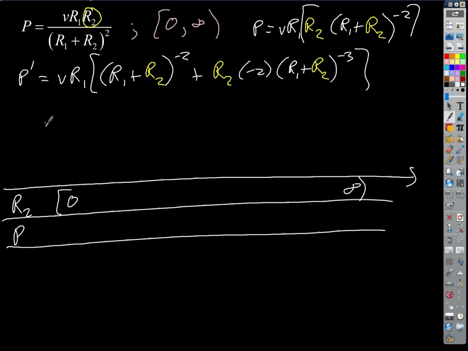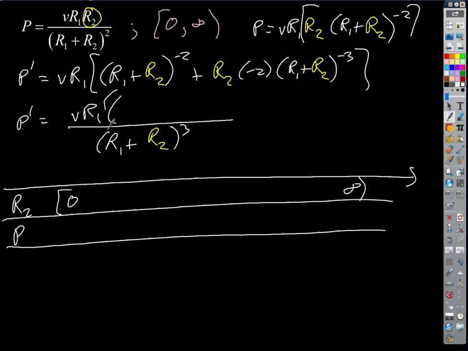So I'm going to get P prime equals V R1 times R1 plus R2 to the negative 3. Well, let's go ahead and just write this as a fraction from the beginning. That just goes on the bottom, doesn't it? Yeah. So we get R1 plus R2 cubed. And on the top then, what are we getting in here? We're getting one of those, right? Yeah.